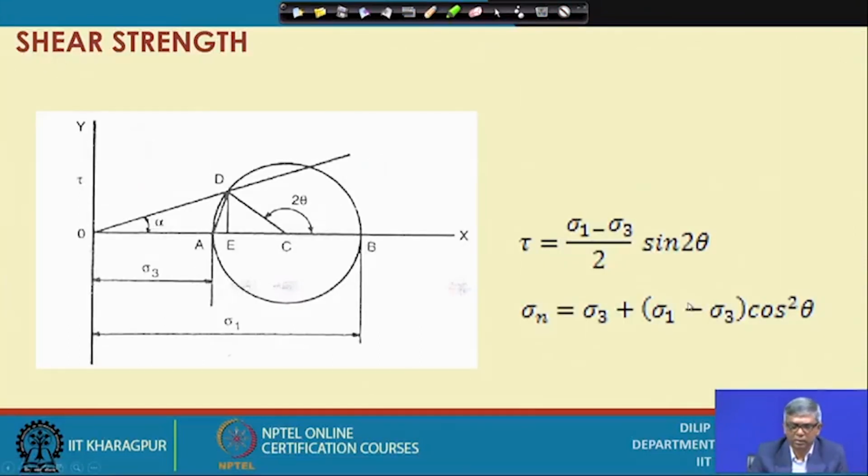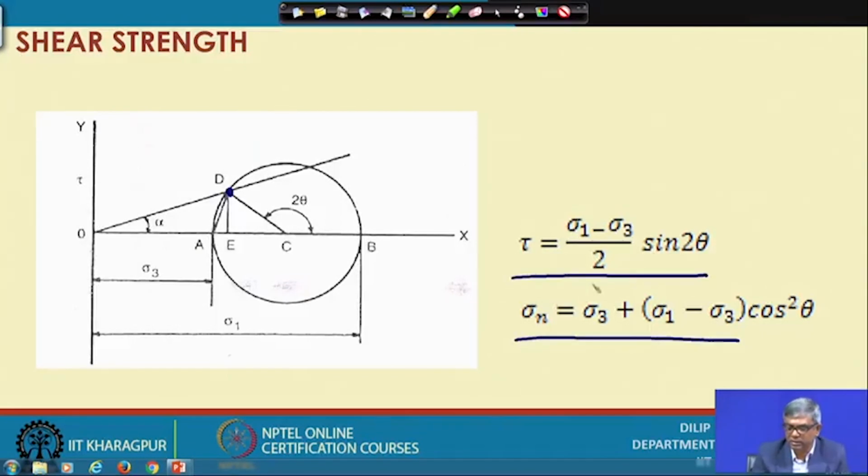This is the one we have shown before, the shear strength. At this point, suppose at this point, what is the shear and what is the sigma, that we can find out by this equation.